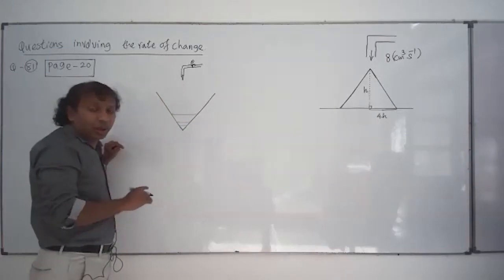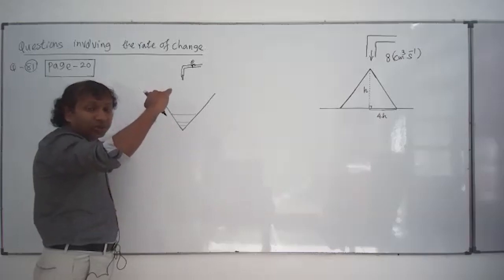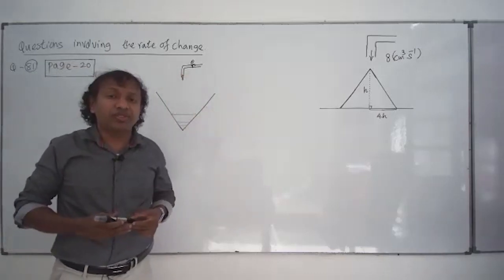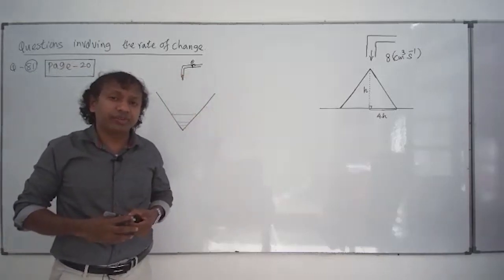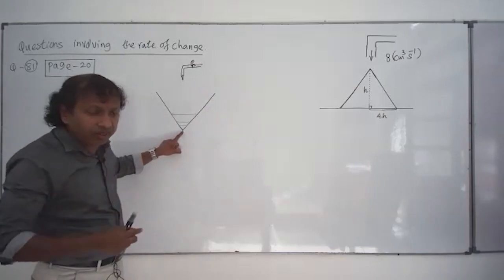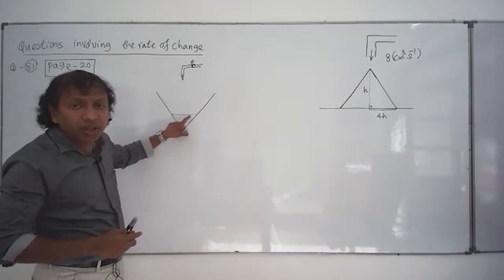In the initial stage it rises rapidly, but with time, what happens? The water level is going up, that's true, but the rate of going up gradually decreases. Suppose in the first second the water level increased by 10 centimeters.